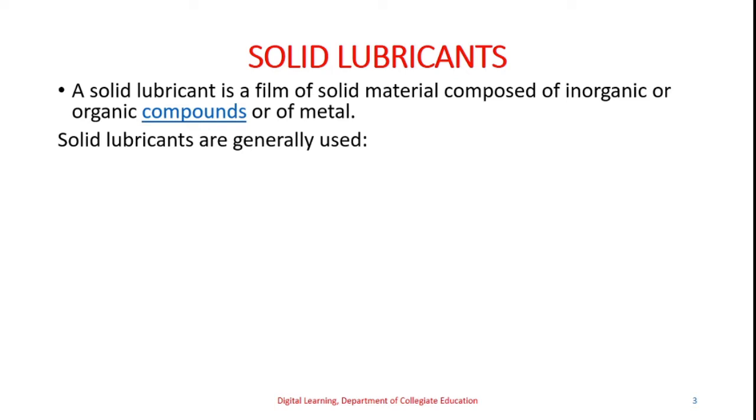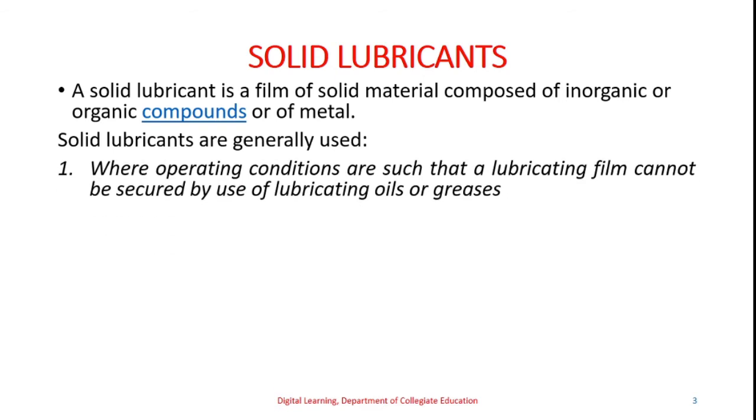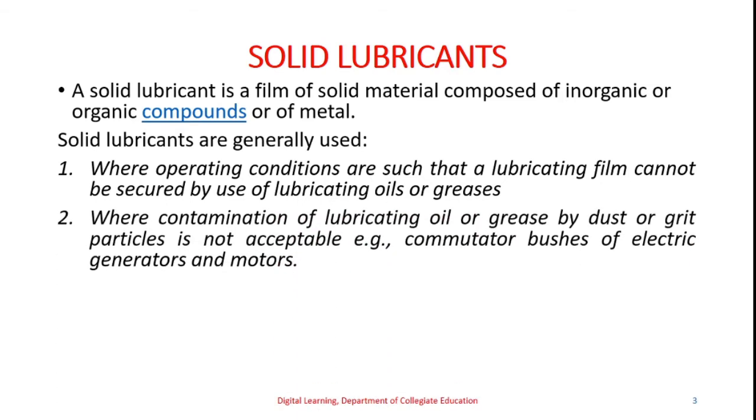Solid lubricants are generally used where operating conditions are such that a lubricating film cannot be secured by use of lubricating oils or greases, and where contamination of lubricating oil or grease by dust or grit particles is not acceptable.